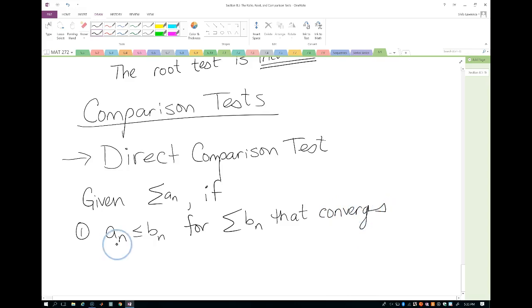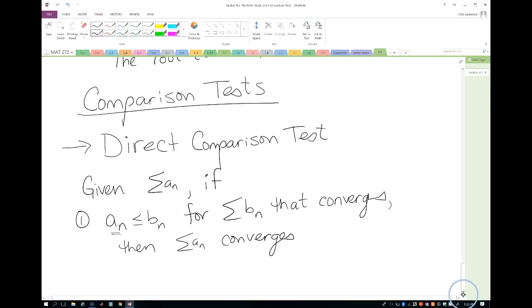Well, if all of the terms in your series are smaller than the b sub n's, and b sub n converges, that means your series must converge as well. So we really have to have an idea going into this of what exactly to compare it to, whether we think ours is convergent or divergent. That way we can compare it to an appropriate second series.